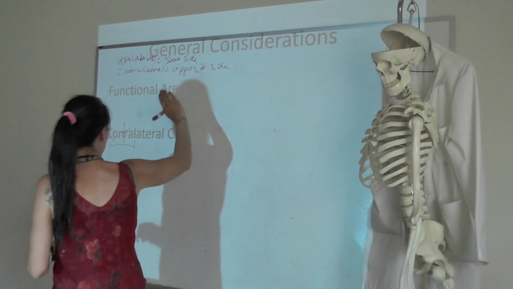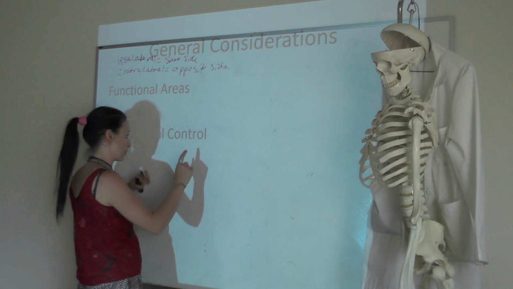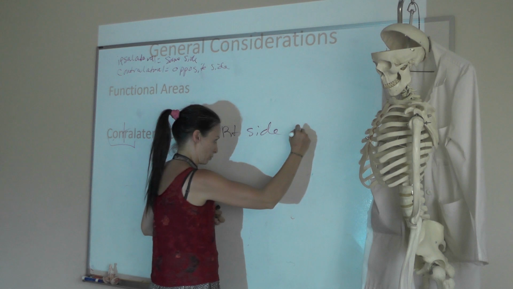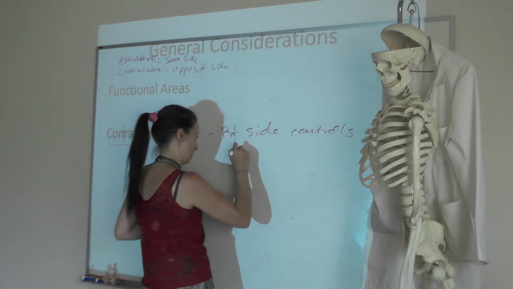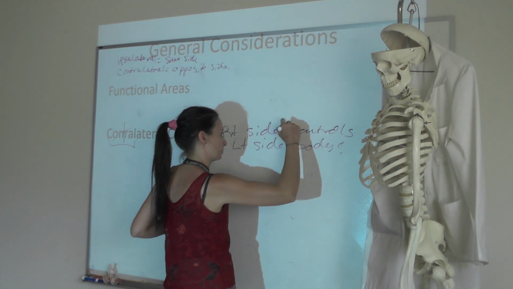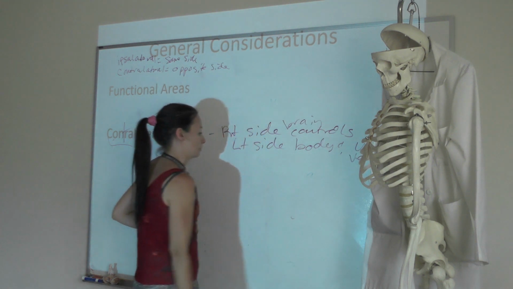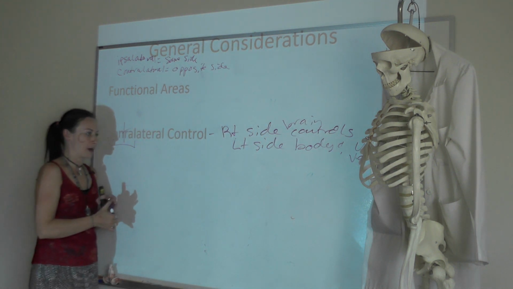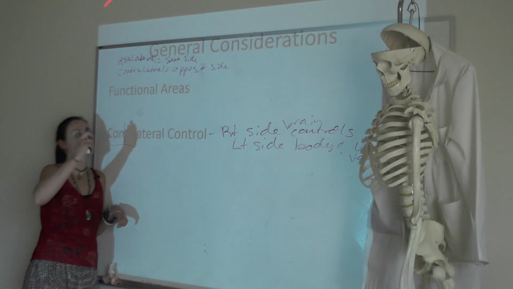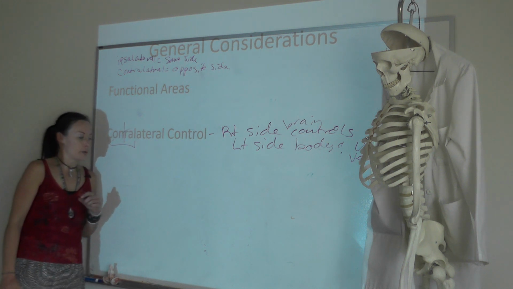So a general consideration for our central nervous system is that it exhibits contralateral control, where the right side of the brain controls the left side of the body and vice versa. Where the information crosses over depends on the pathway, but at some point it's going to decussate from the ipsilateral to the contralateral side, giving us this characteristic of contralateral control.